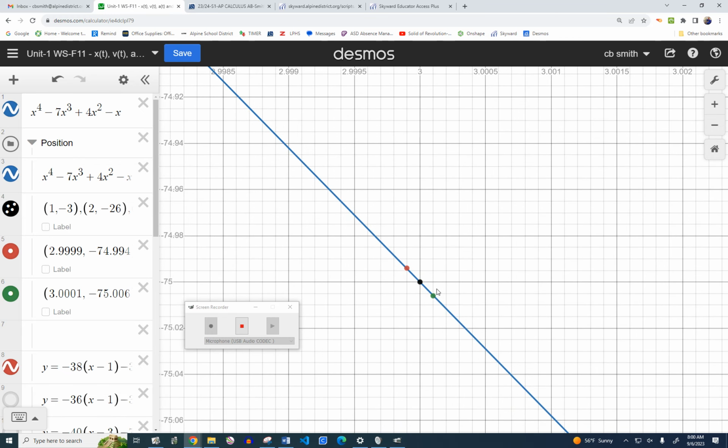So each of those is an average velocity, but then he takes a limit. He makes those points get closer and closer and closer. So they're always finding a secant slope, but the limit's value is the value of the tangent slope. So the tangent slope is really just the result of doing a limit on two secant slopes.